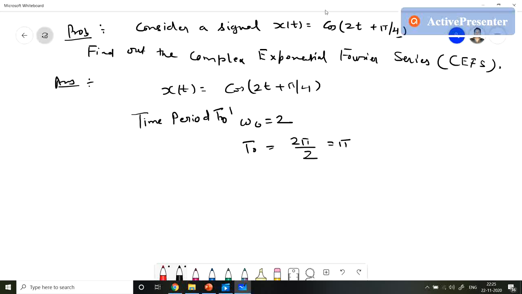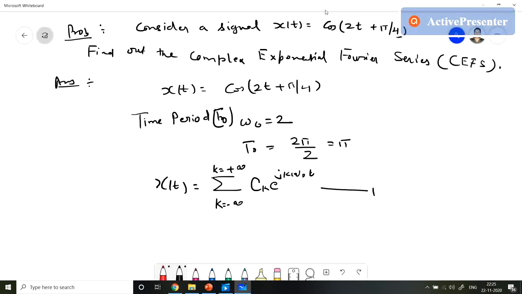So x(t) can be written in the form of complex exponential Fourier series as the sum from k equals minus infinity to plus infinity of c_k e raised to the power j k omega naught t. So this is the expression.